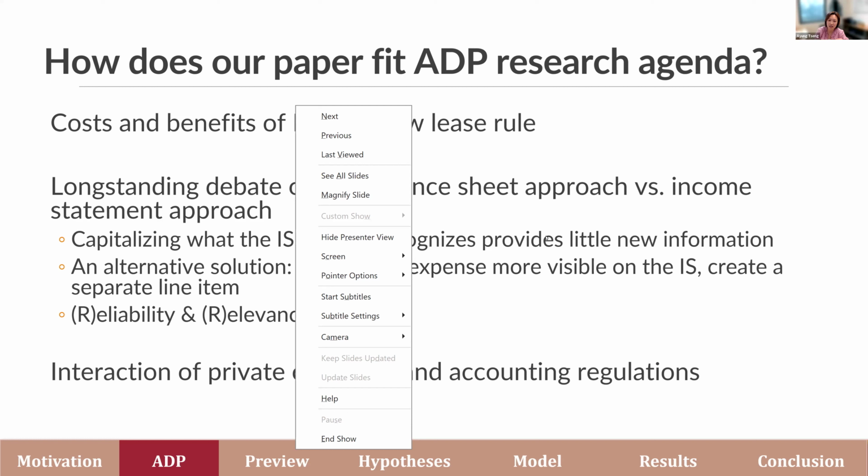Is that correct? I think the standard doesn't really dictate whether they will be separate line items for these assets or liabilities. Firms just have discretion to aggregate them with other tangible assets or long-term, short-term liabilities, depending on how material they think that transaction is.